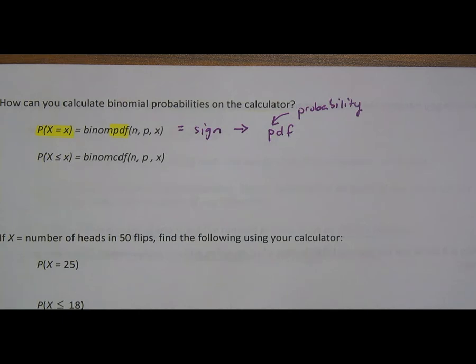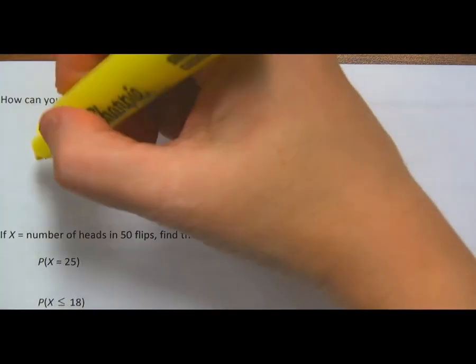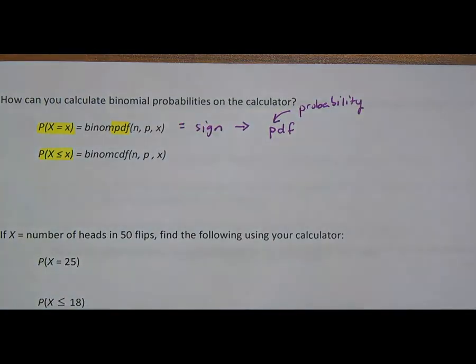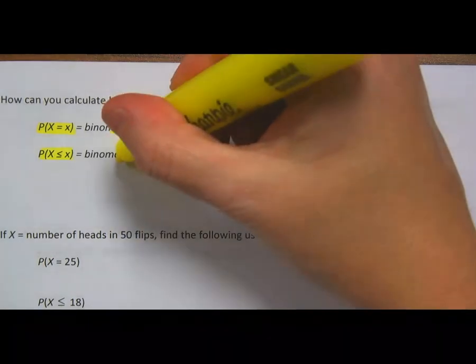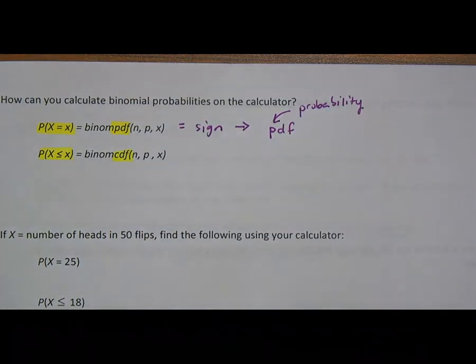I tell you all these things for a reason, so you don't have to end up memorizing extra stuff. The only other thing your calculator knows how to do is a less than or equal to situation. That seems kind of limited, because not every inequality in the world is less than or equal to, so we'll learn how to handle that in a minute. But if it's an inequality symbol, you're going to use the command binomial CDF.